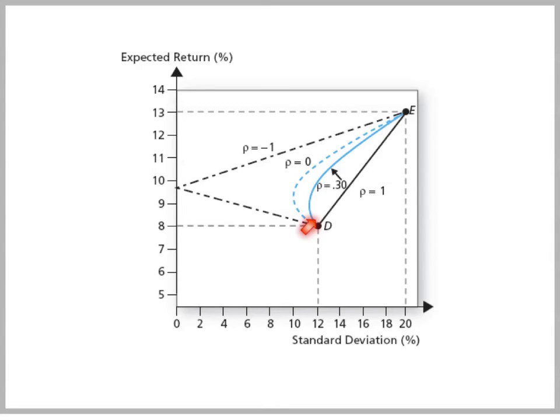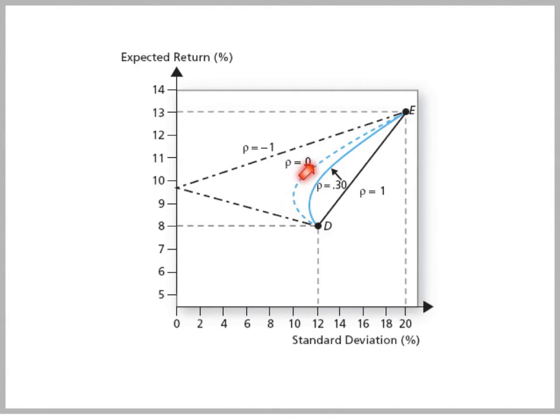Now the standard deviation is not a weighted average because rho is not equal to 1, but the expected return is still the weighted average because it's always the weighted average. Then you'll find that the map looks like this, that there's this weird bow, and that the relationship is not linear.